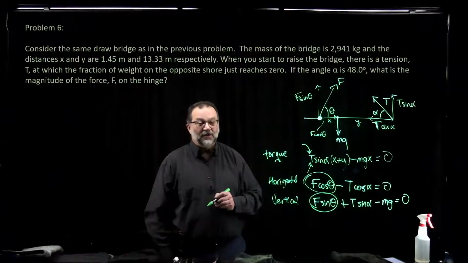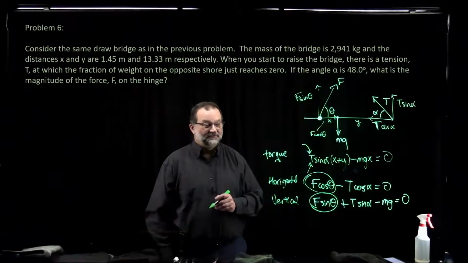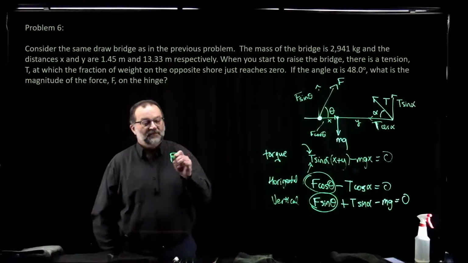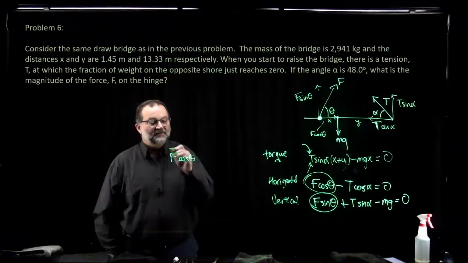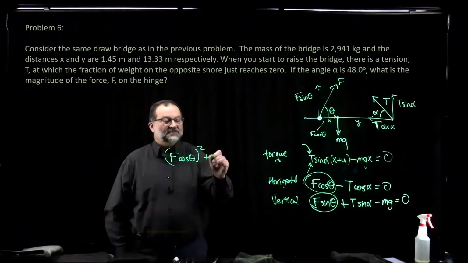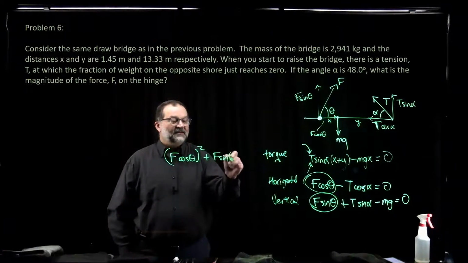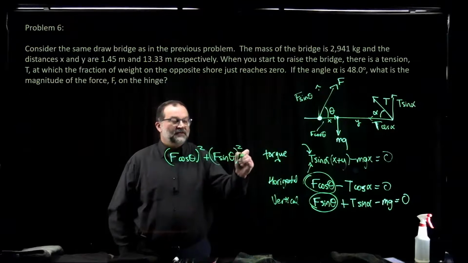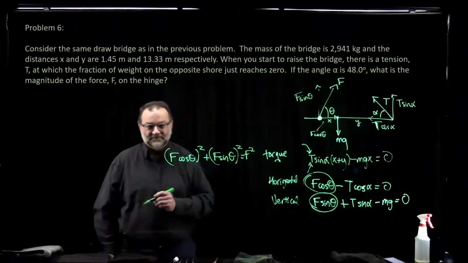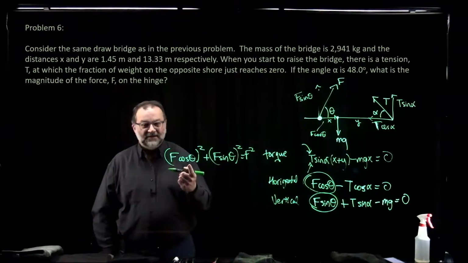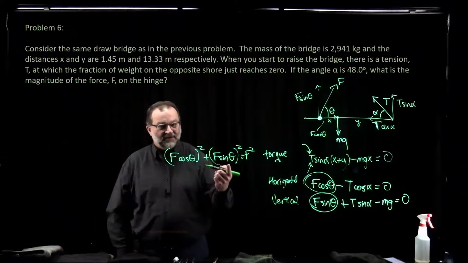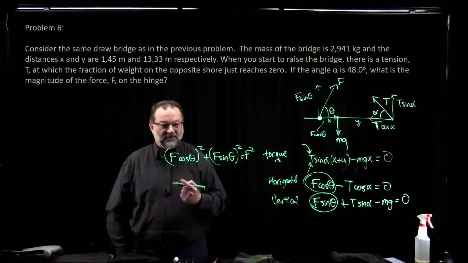And what do we know from Pythagorean theorem? F cosine theta squared plus F sine theta squared is F squared. X side squared plus y side squared is hypotenuse squared.